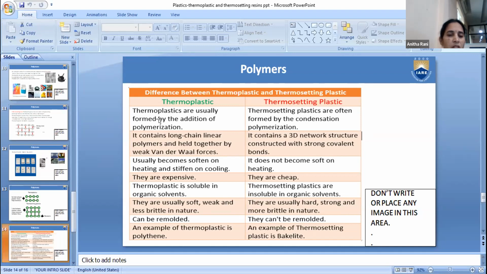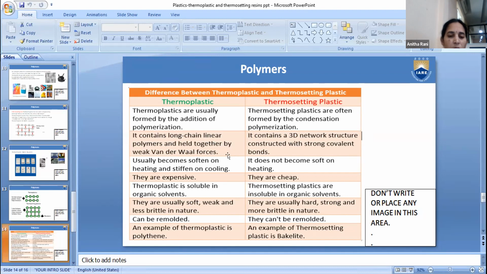The second point is that thermoplastic resins contain long-chain linear polymers held together by weak van der Waals forces, while thermosetting plastics contain a 3-dimensional network structure with strong covalent bonds.